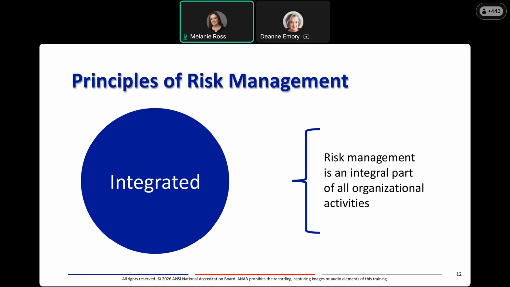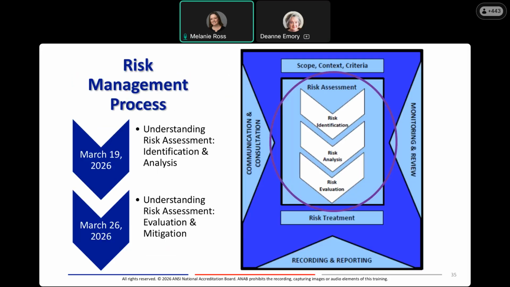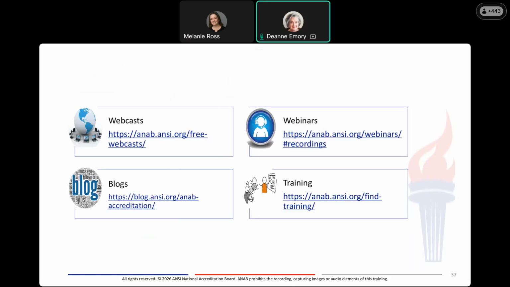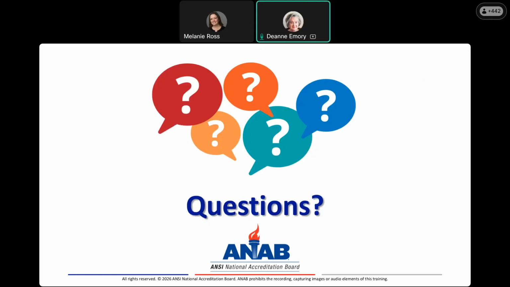Should risk be expressed as a value such as low, medium, or high? It can be. A lot of how we are going to assess our risk is dependent on what the business is doing and the context of the company. So it can be low, medium, and high. That's why it talks about how risk is very often expressed in terms of consequences and likelihood.